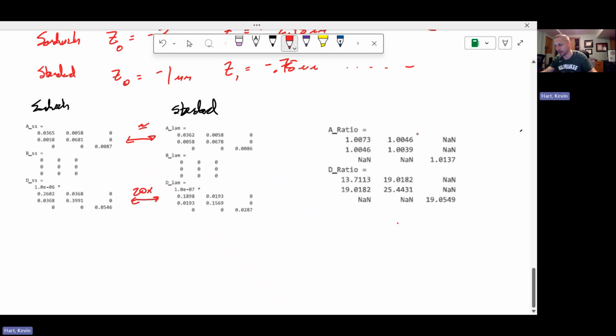The value here being 1 means that the ratio is very close to 1, almost the same. But the D matrix entries are quite a bit different, approximately 20x difference. So it's telling you that the sandwich structure offers about 20 times more stiffness in bending than the traditional laminate.